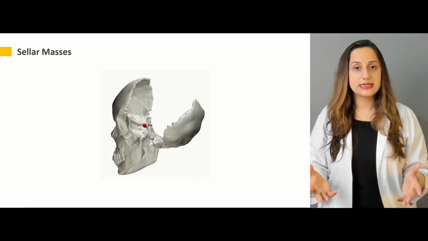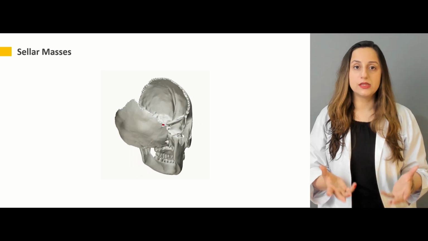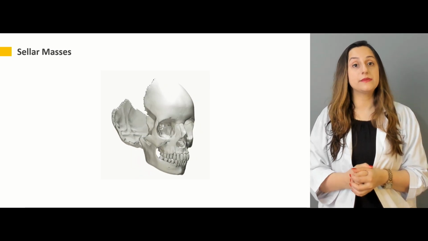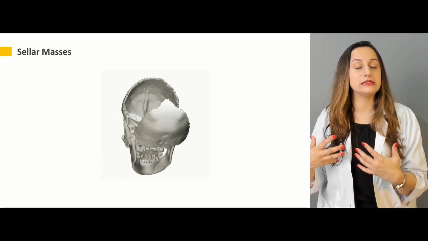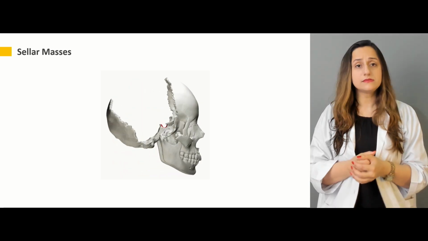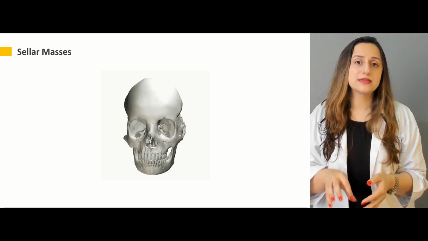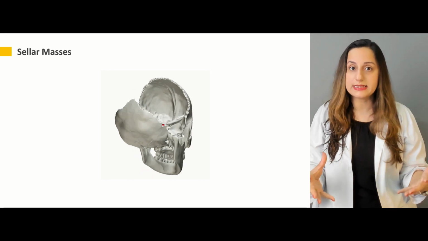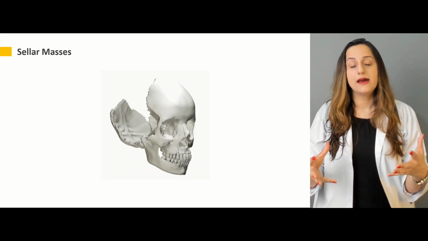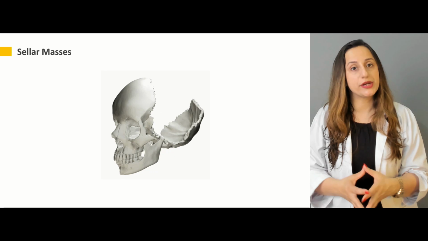Whatever the case is, it can be a benign tumor, a local tumor, or even a metastatic tumor that arises primarily in a distinct region and then passes on to this area of the sella turcica. Whatever the case is, we have to treat the patient accordingly.